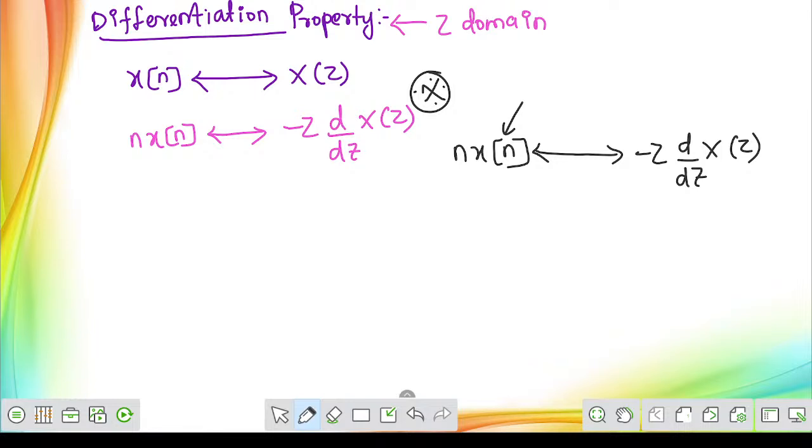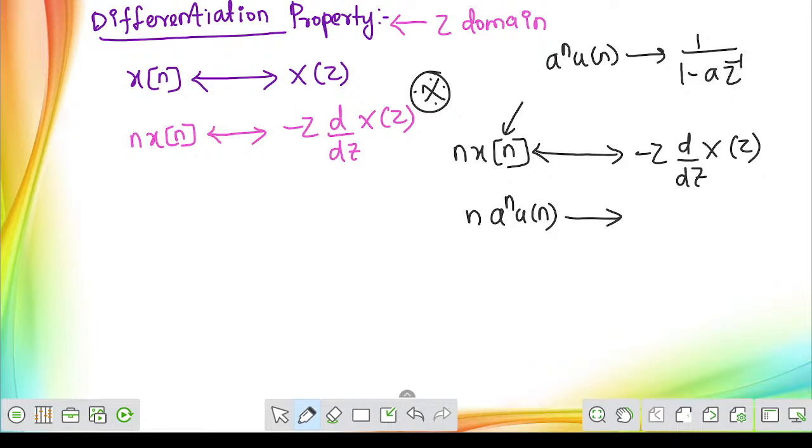And of course, many of you have failed to observe this, because when you are solving many questions, suddenly some sequence will be given like a power n into u of n, multiplied by n. What will be its corresponding Z transform? Definitely you all know, for a power n into u of n, the answer is 1 upon 1 minus a z power minus 1.